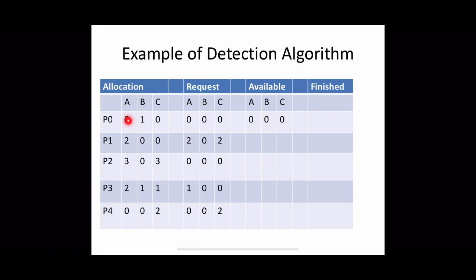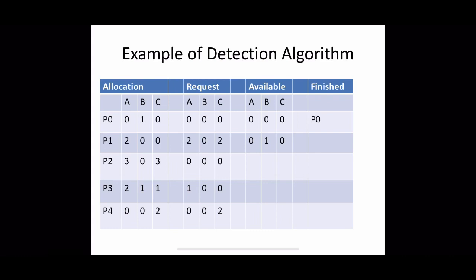Its allocation is non-zero, so it's not yet finished. What about its request? Yes, its request can be granted because it does not need any resources. So it can proceed with its execution, finish, and all its resources will be added to the available ones. Now the currently free resources will be 0, 1, 0.